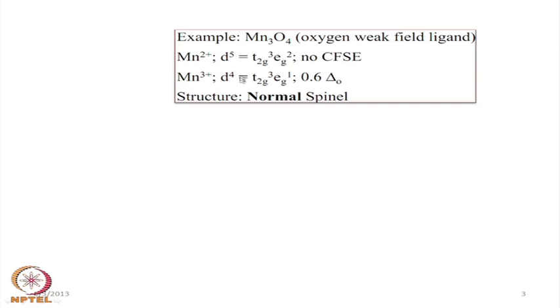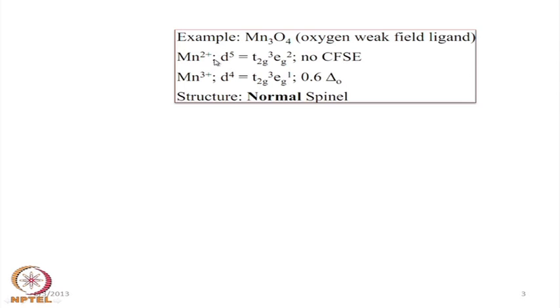But for manganese 3+, which is a d4 arrangement, that means t2g3 eg1, one electron is removed from the eg level. As a result, we have a crystal field stabilization energy of 0.6 delta O. So, the structure would definitely be a normal spinel.